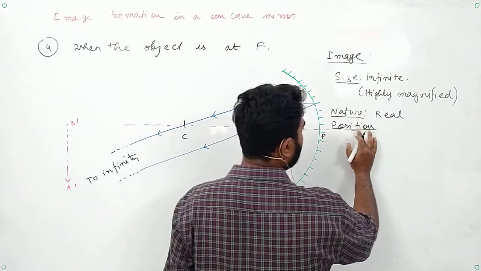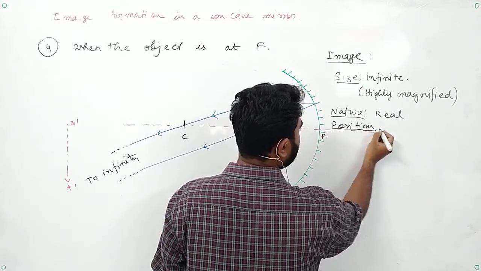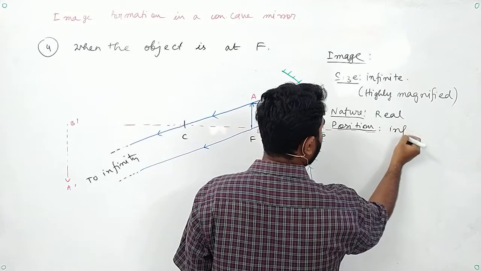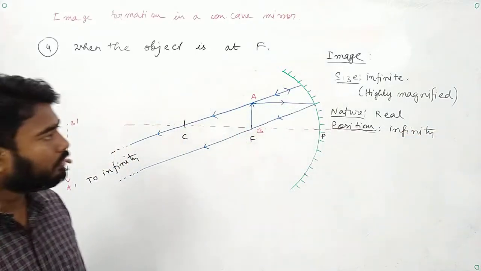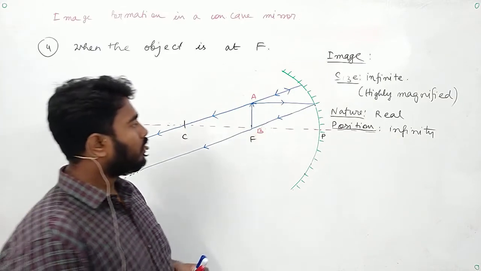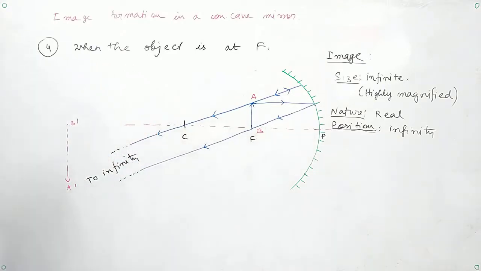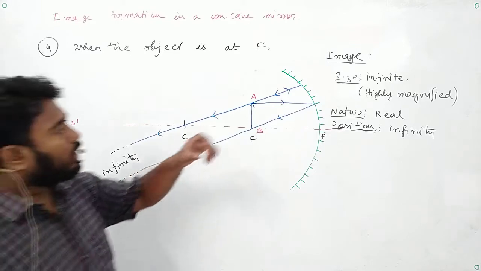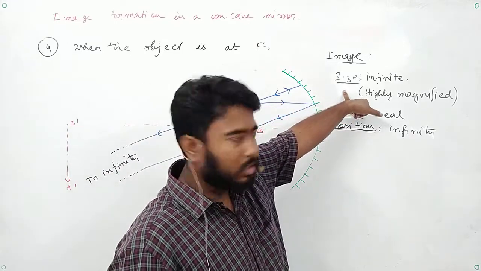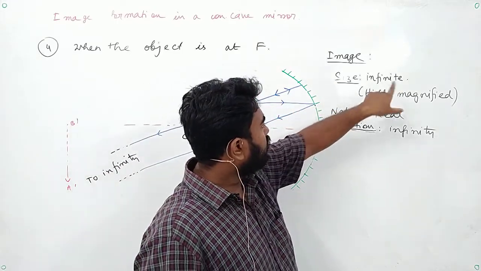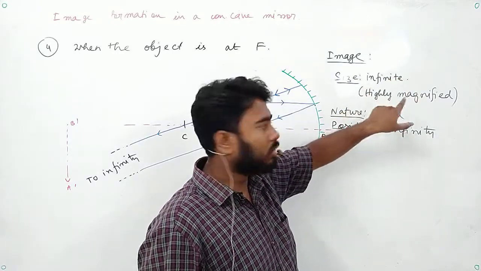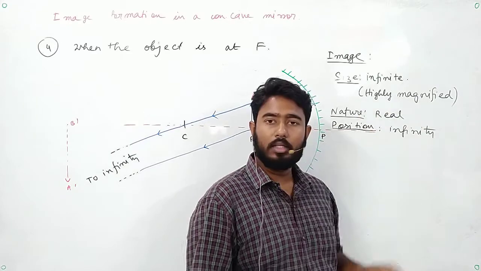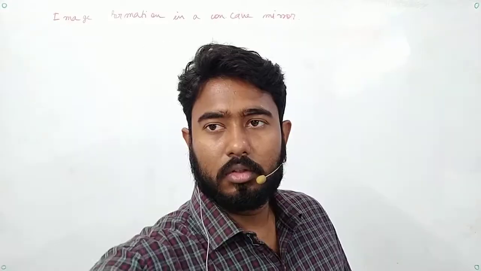If the image is formed, it will be formed at infinity. We have already learned the size. So the size is infinity. That means if I say about magnification, it will be highly magnified.